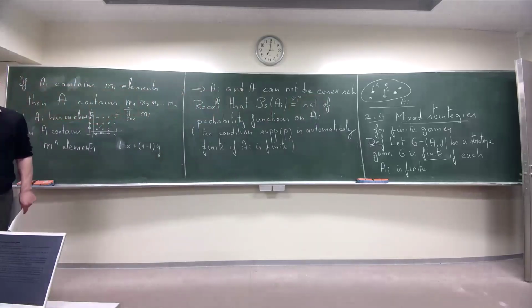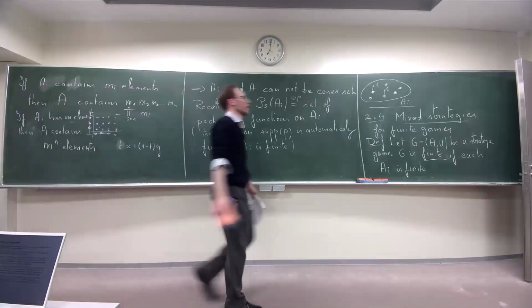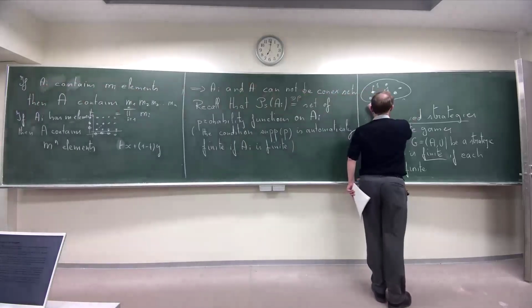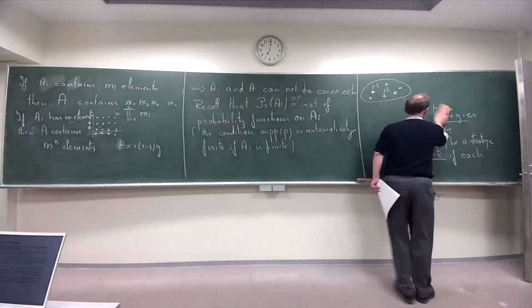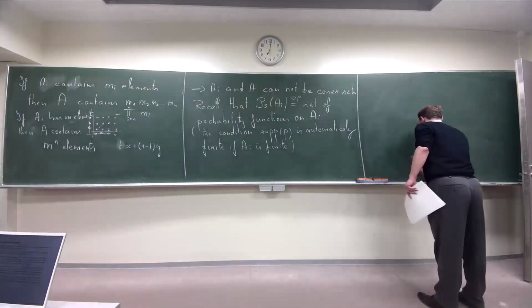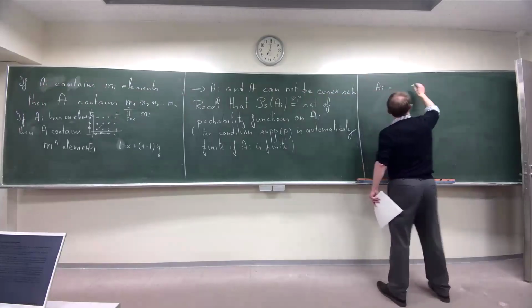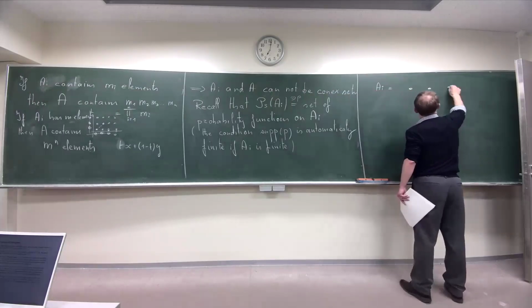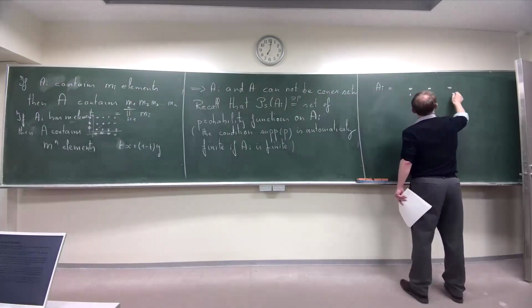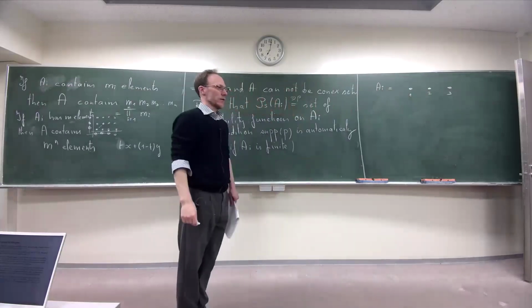I will change the notation because you will see there is a much better notation. So let me do the picture again. Suppose we have A_i which contains 3 points. I take the simplest case: A_i has only 3 elements.